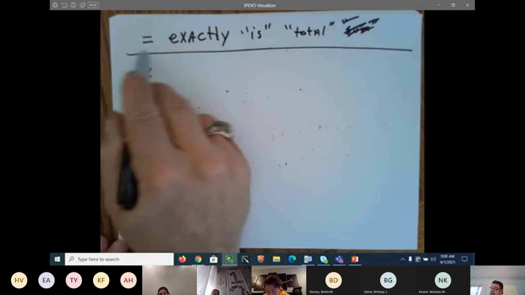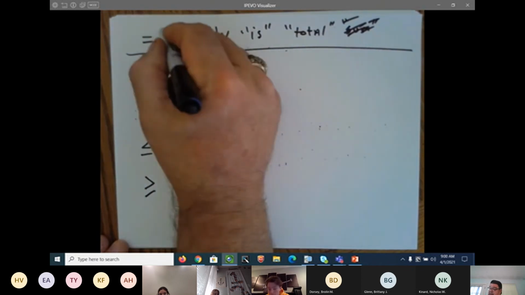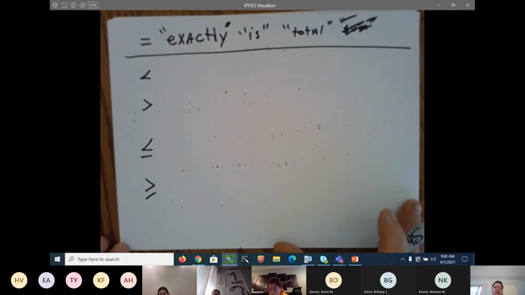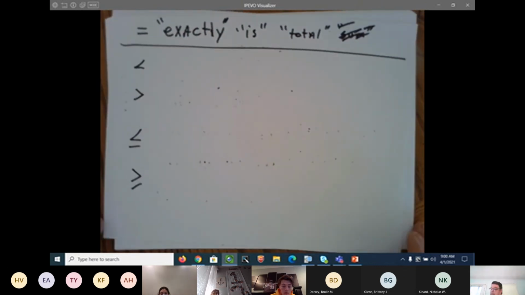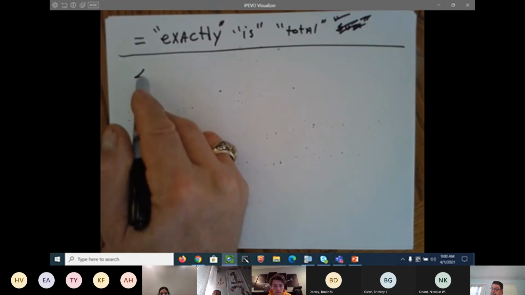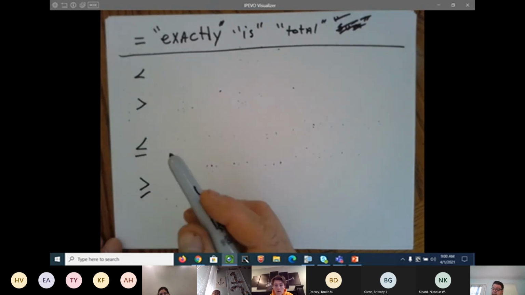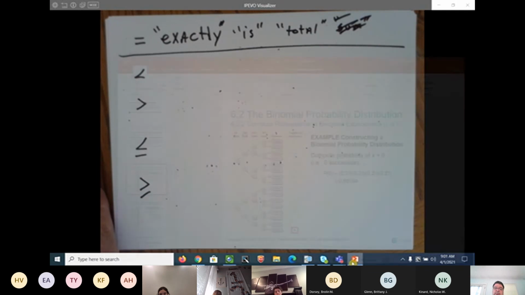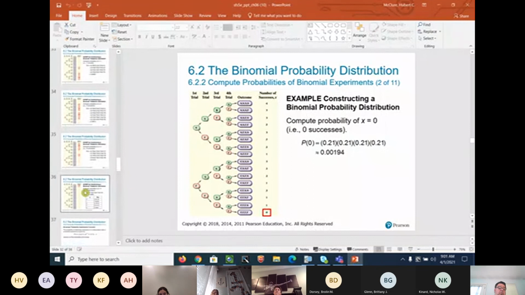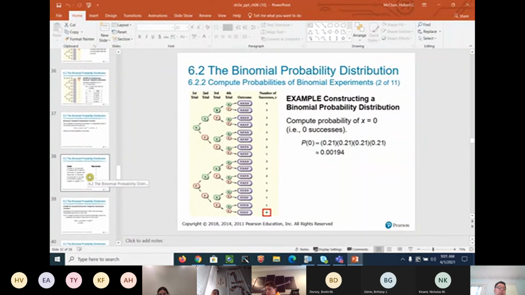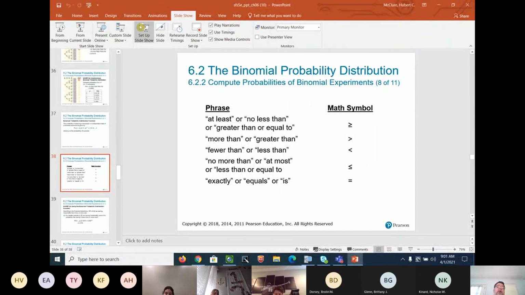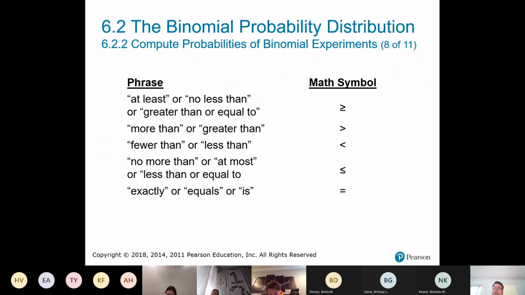I'm sorry, but when you see these words, exactly, is, total, that means equals, and most of y'all know that. But what words mean these guys? Well, that's where we're going to get into the slide here that talks about that. And I want you to write this one down because some of y'all really struggle with this. So go ahead and write that down.